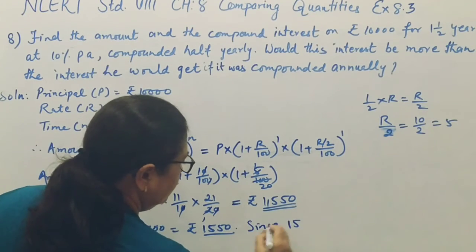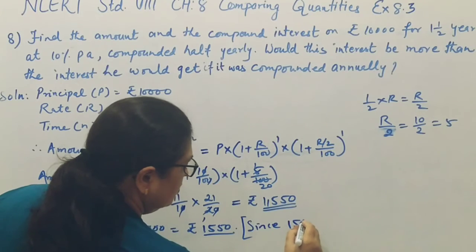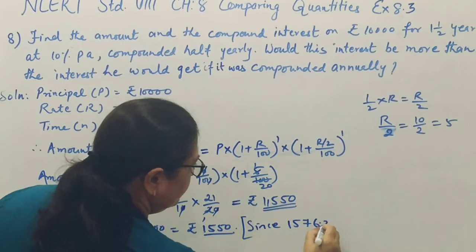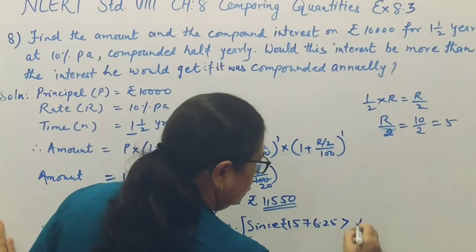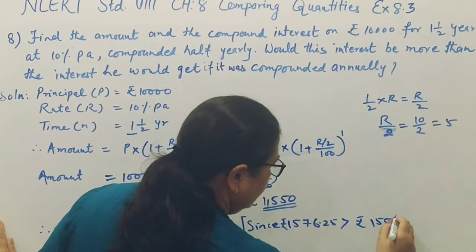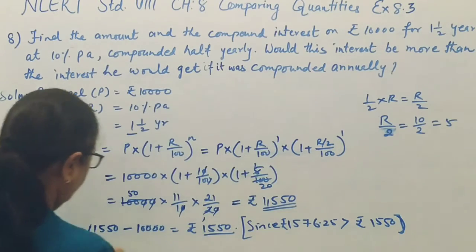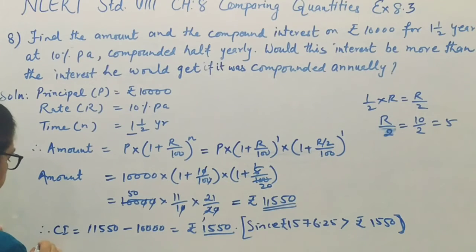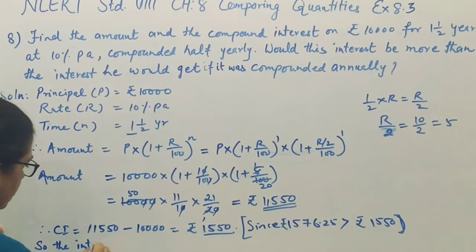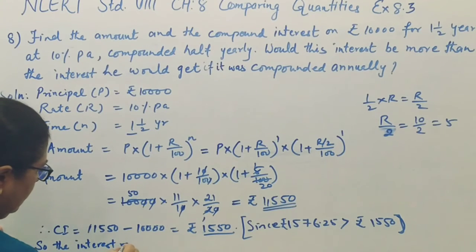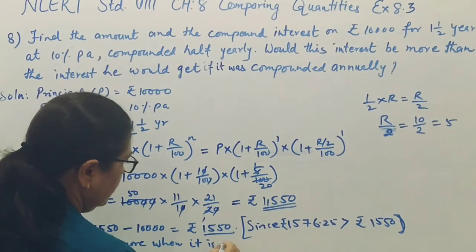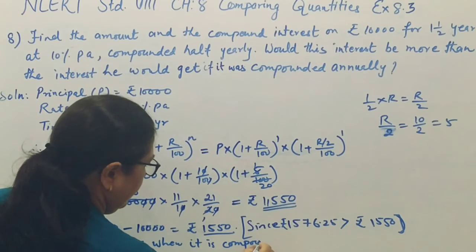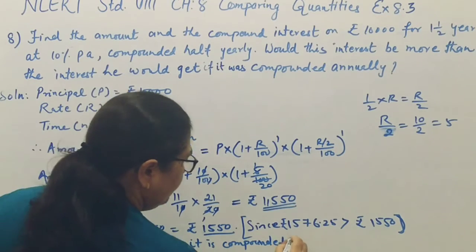Since 1576.25 rupees is greater than rupees 1550, we concluded that the interest is more when it is compounded half yearly.